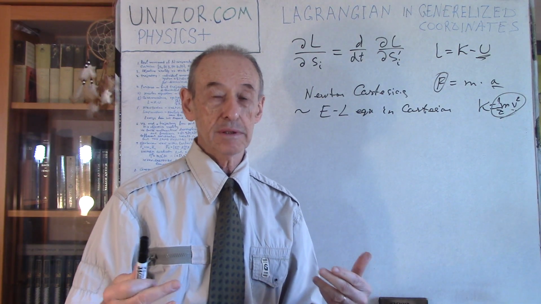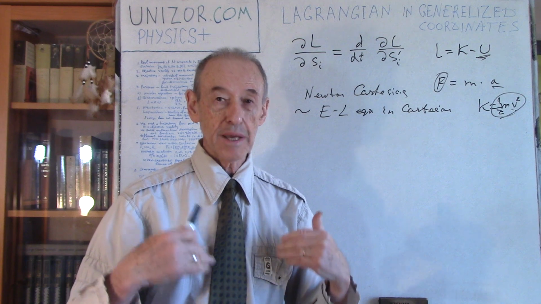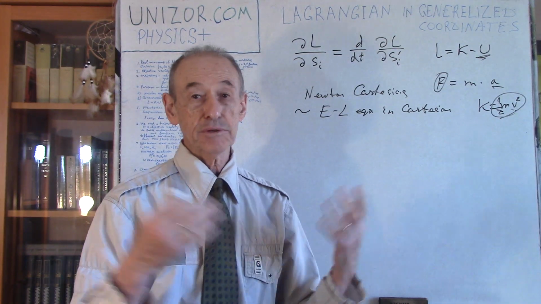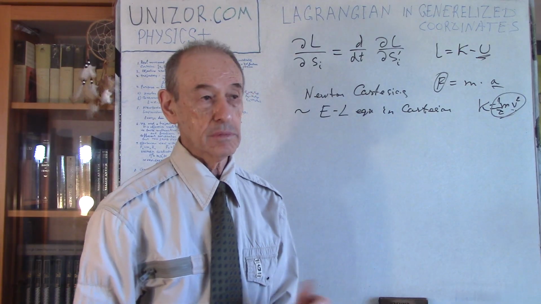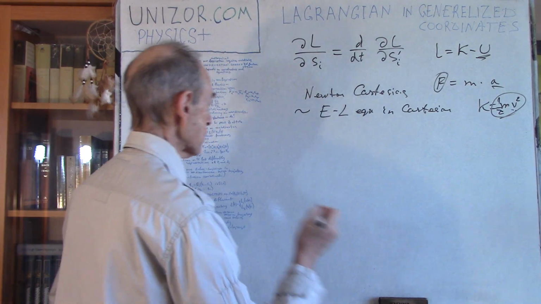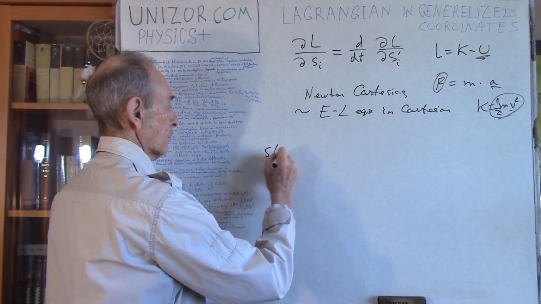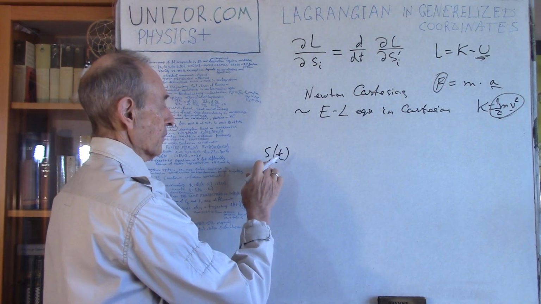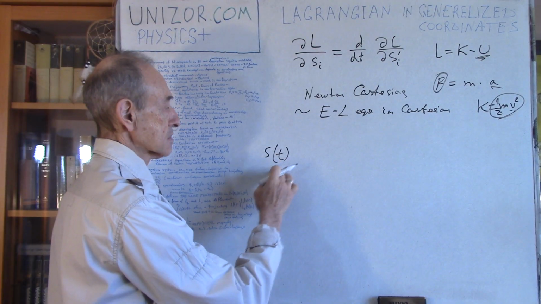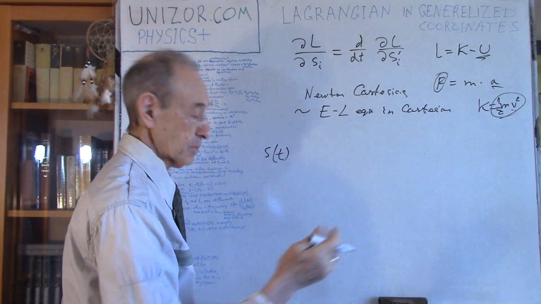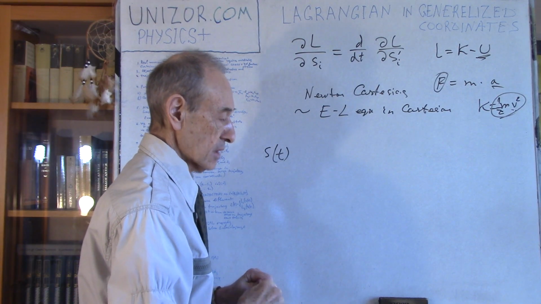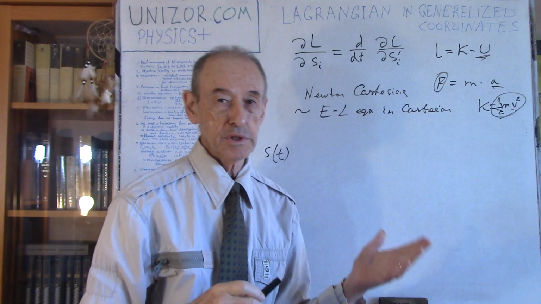What is dependent is our mathematical model of this trajectory as a set of coordinate functions of time. So if we have coordinates which are functions of time, and that may be multiple for multiple dimensions, S1, S2, S3, etc., all of them are functions of time.